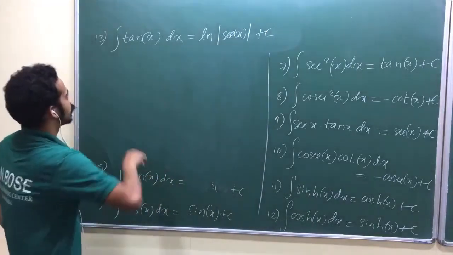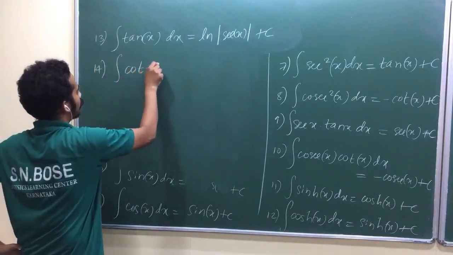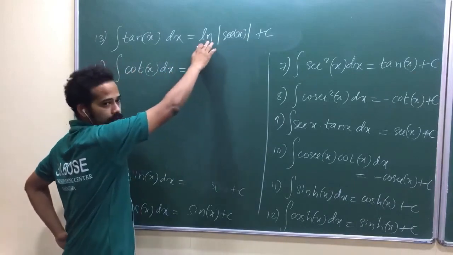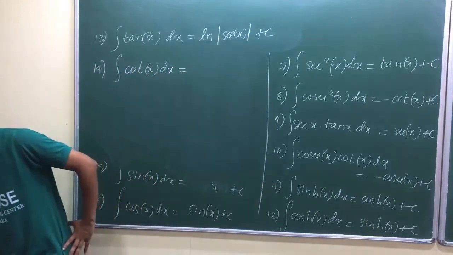So the 14th is integral of cot x dx. Ln means log to the base e, I hope you know that one. Log to the base e, we write it as ln.